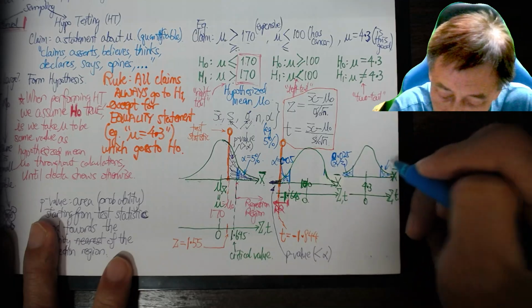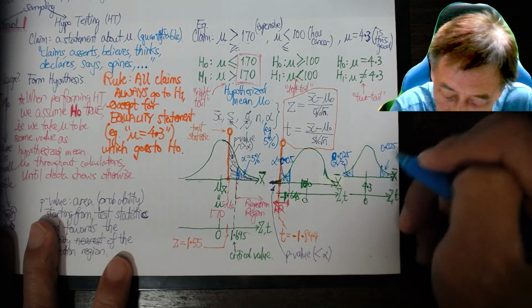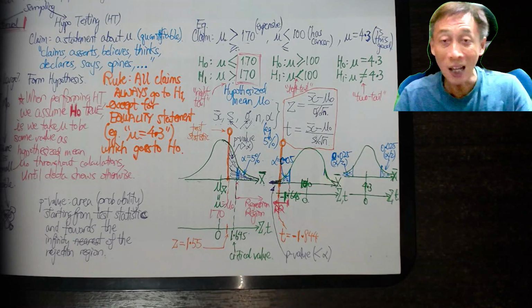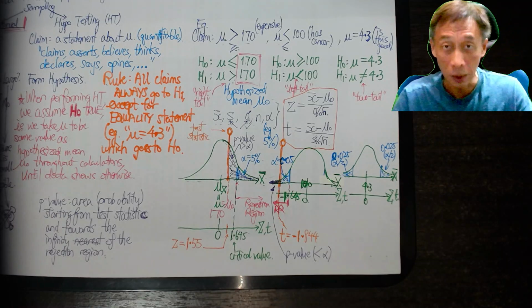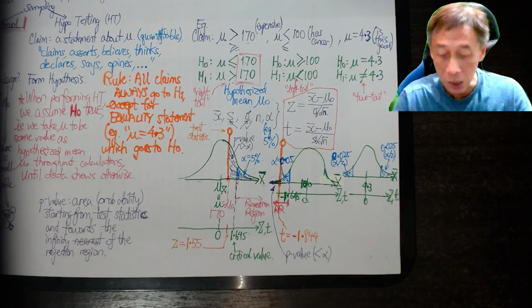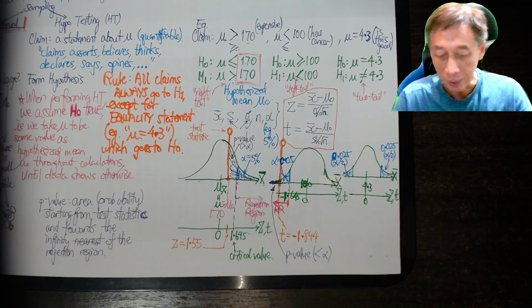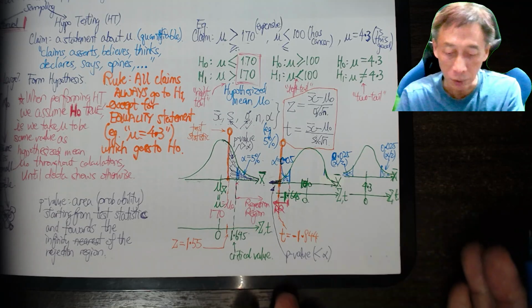And this part is also 0.025 because this is also half alpha. Okay, always half, because the normal curve, Z or T, is symmetrical. So we have no reason to have one side bigger than the other. So far, so good. So this is the battleground.